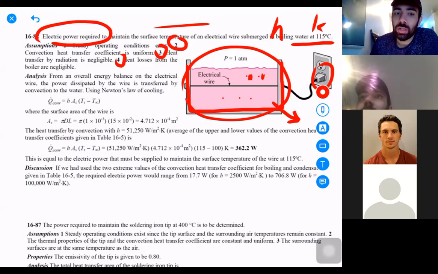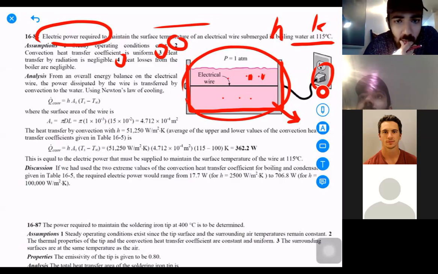We have to specify the convection term, and on the other side, we have the power which is coming from my wire.